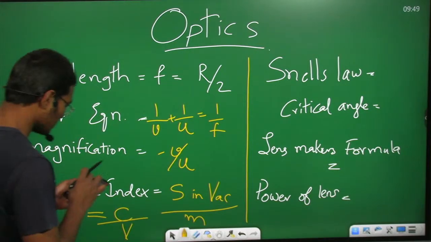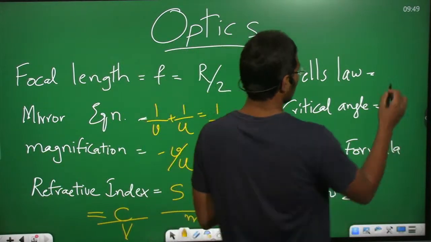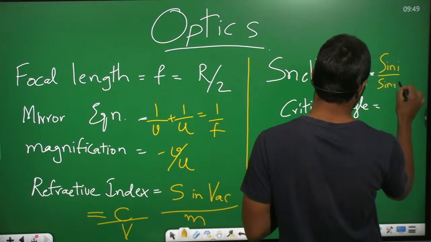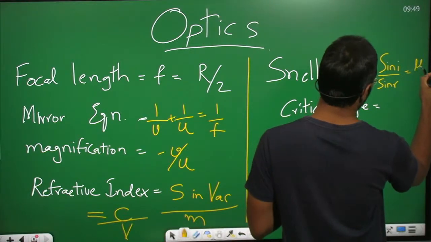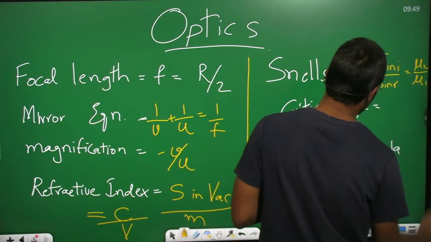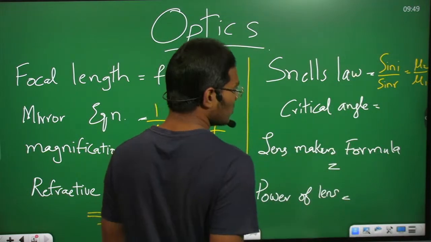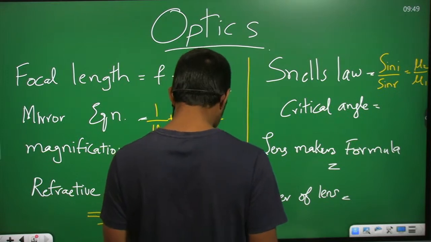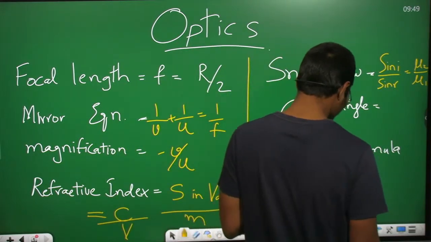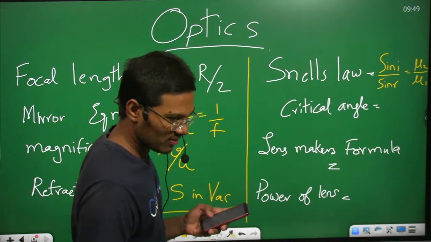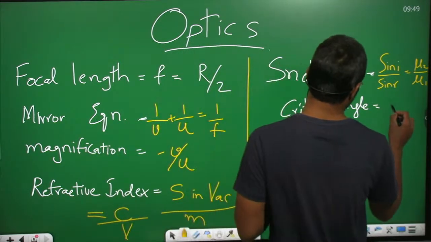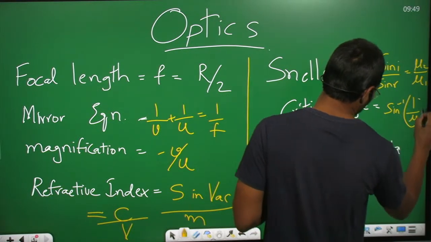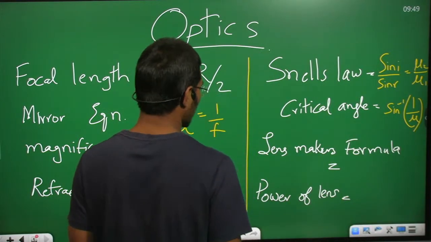So what is Snell's law? Sin i by sin r is equal to mu2 by mu1. It depends upon the refractive index of the medium, whether mu2 is 1 or not. So what is the critical angle in terms of refractive index?